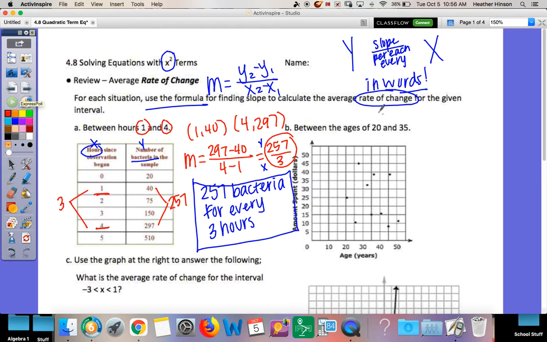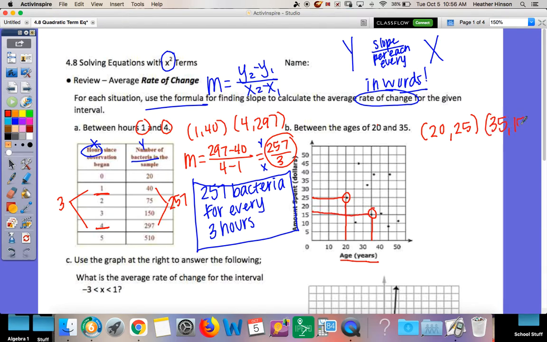Okay, between the ages of 20 and 35. So we want to find the slope between those. So if I go to my age, I'm going to go to 20, and that one's hitting approximately 25. So 20 and 25. And then if I go to 35, that one hits at 15.